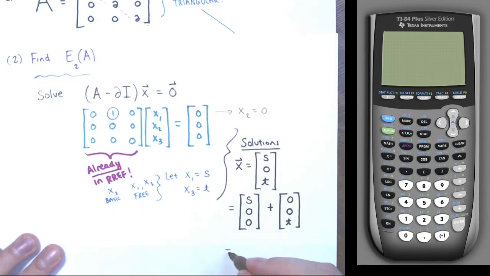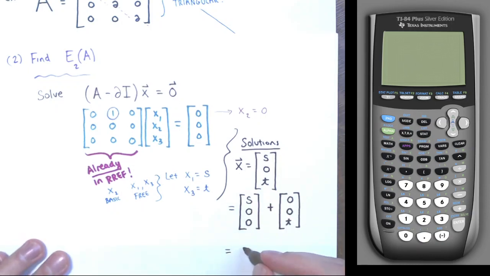And then pulling these free variables out, I can pull s out of the first one. I'd have s times the vector 1, 0, 0. And then pulling a t out of the second one, plus t times the vector 0, 0, 1.